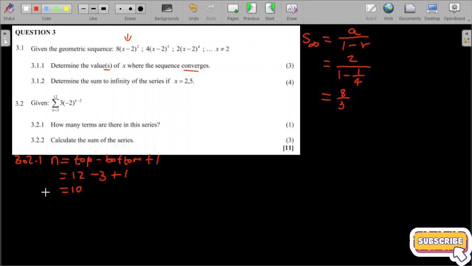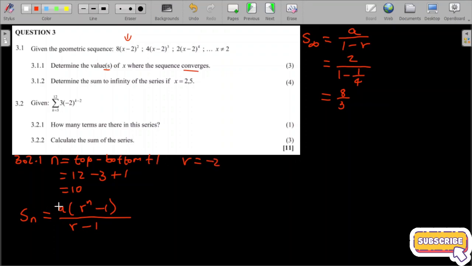Now calculating the sum of this series. This is a geometric series, so the sum is a(r^n - 1) over (r - 1). First, we get the value of r. My r in this case is -2.